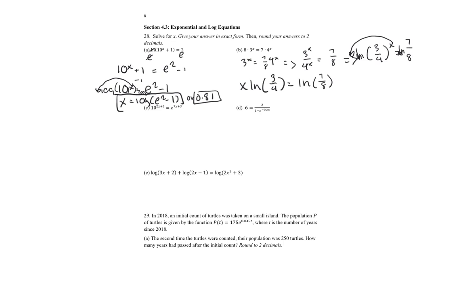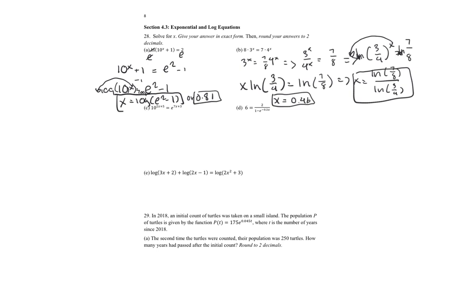And so then we can just divide by natural log of 3 over 4 on both sides. And then we'll get x is equal to natural log of 7 over 8 over natural log of 3 over 4. Or if we want to round that, we can say x is equal to 0.46.